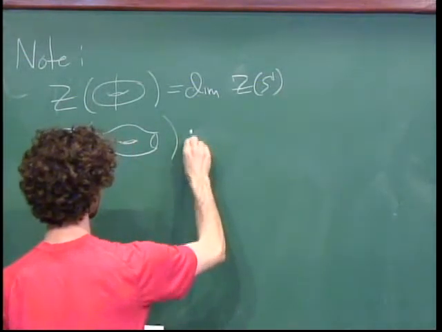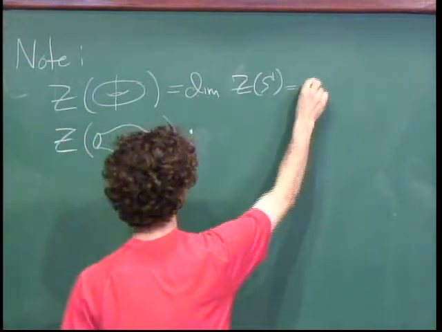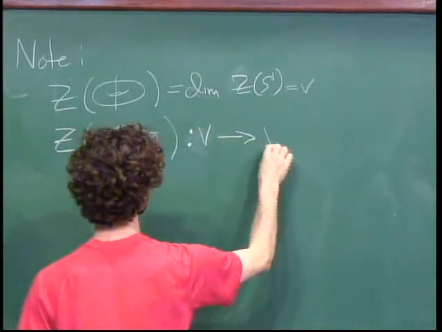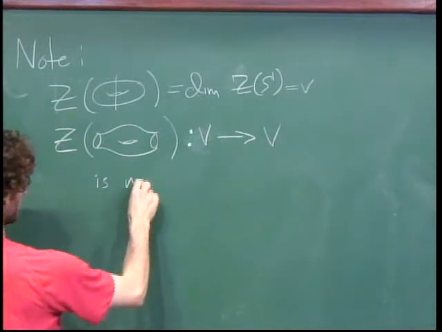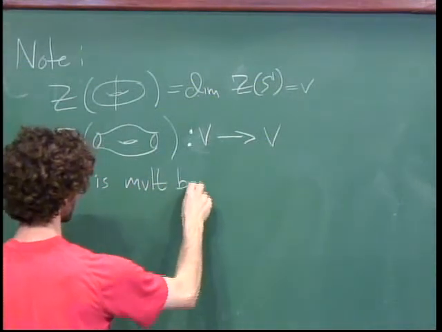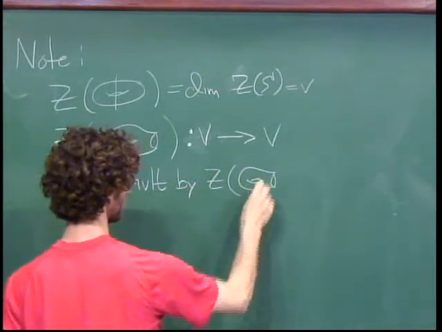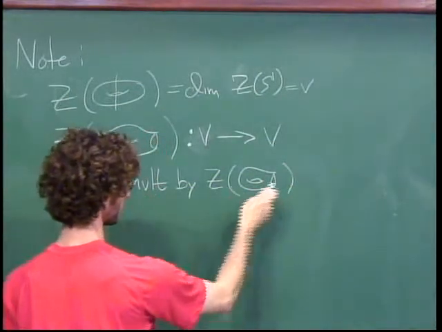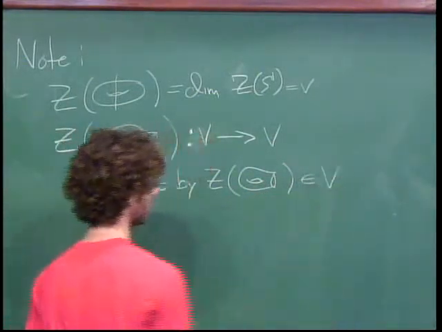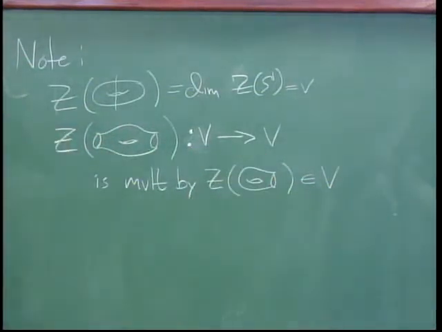So this is some map from V to V. And I claim this morphism is multiplication by a certain element, namely the value of the theory on this once punctured torus. So this is a map from the complex numbers to V, so I can think about it as an element of V, and I'm claiming that this map here is multiplication by that element.